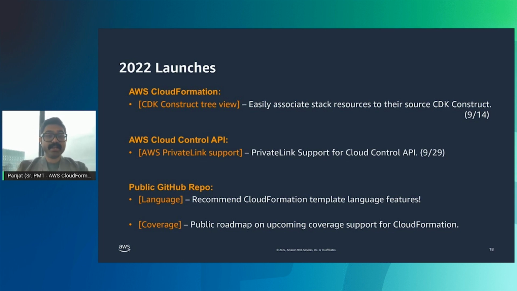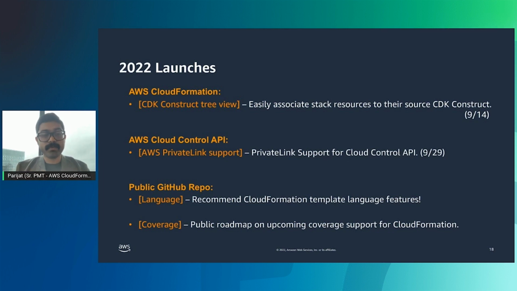The last 2 things that I'm really passionate about and do want to talk about are our public GitHub repos. Today for CloudFormation, we have 2 public GitHub repos that we are actively working on and engaging with our customers. The first GitHub repo is our language one. We would love to hear from you about any template language features that you believe would help ease your entire experience working with our product, and any recommendations for improving our CloudFormation language.